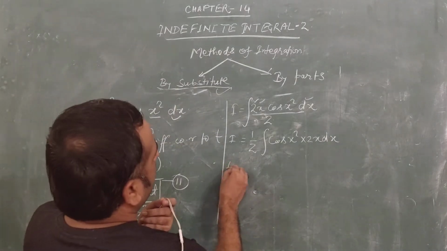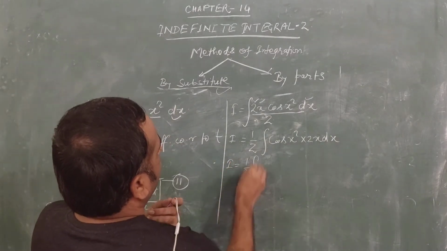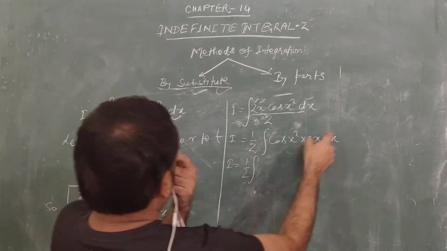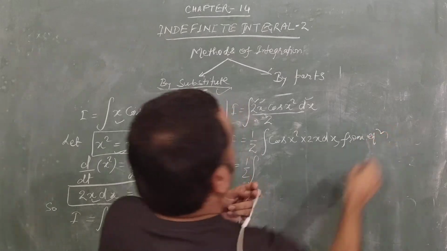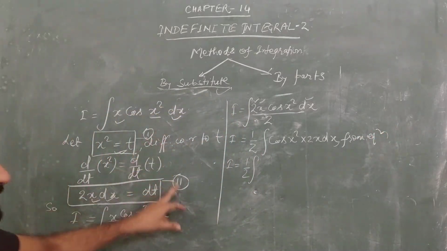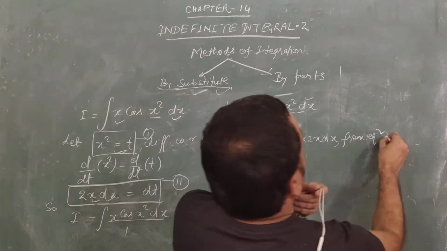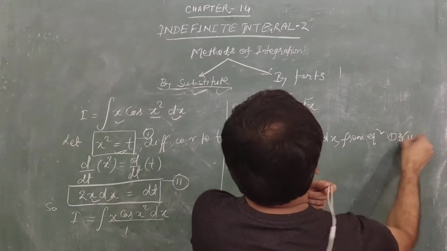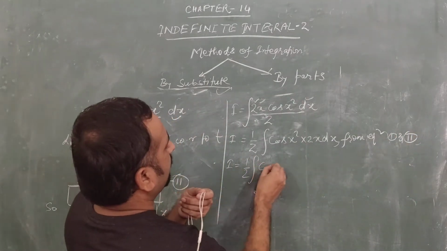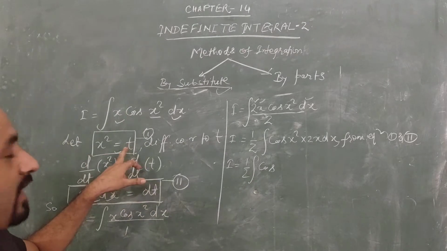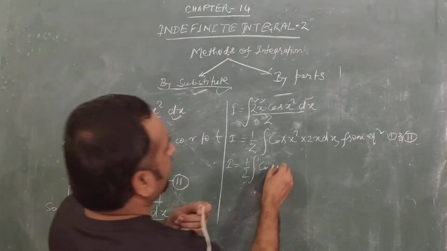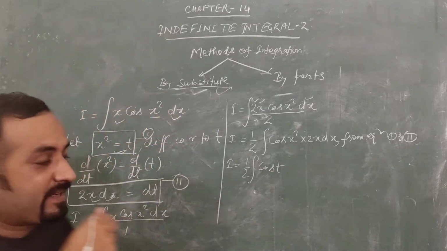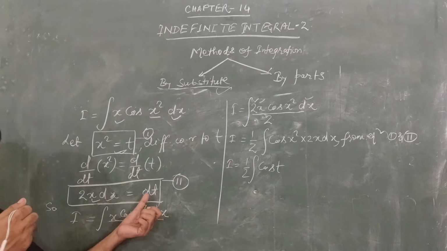So I is equal to 1 upon 2 integral of, here you can write from equations first and second, cos of x square. What is the substitution for x square? This is t, and for the 2x dx we have dt.